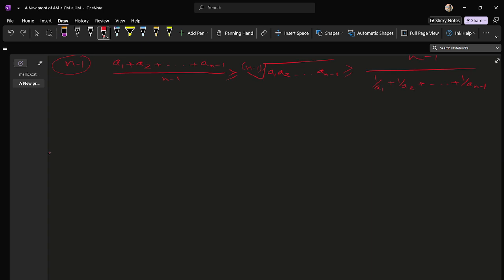In that case, let a1 be a and a2 be b1 a, up to an being b(n minus 1) into a, for some suitable b1, b2, up to b(n minus 1) which are also positive.